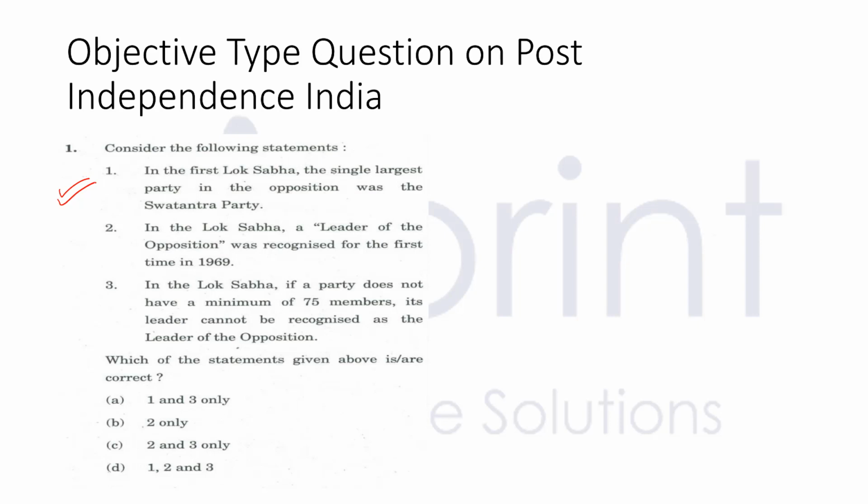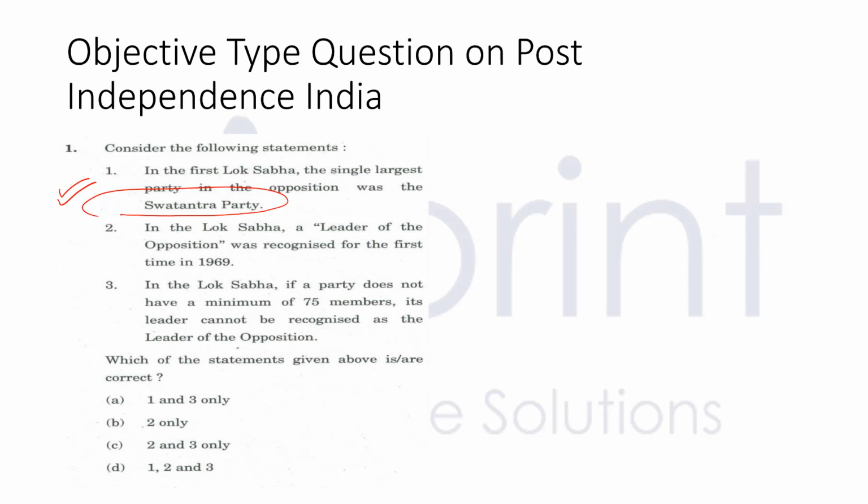Now, if you had actually read post-independence history, though some of you skip it, you should remember that the Swatantra Party was established in 1959 by C. Rajagopalacharya, because there were too many socialist voices starting in the Congress.